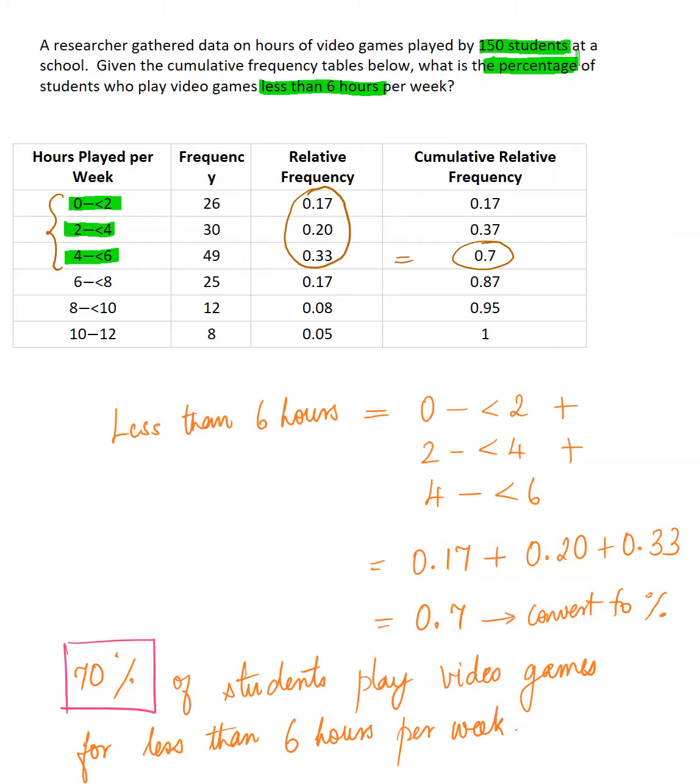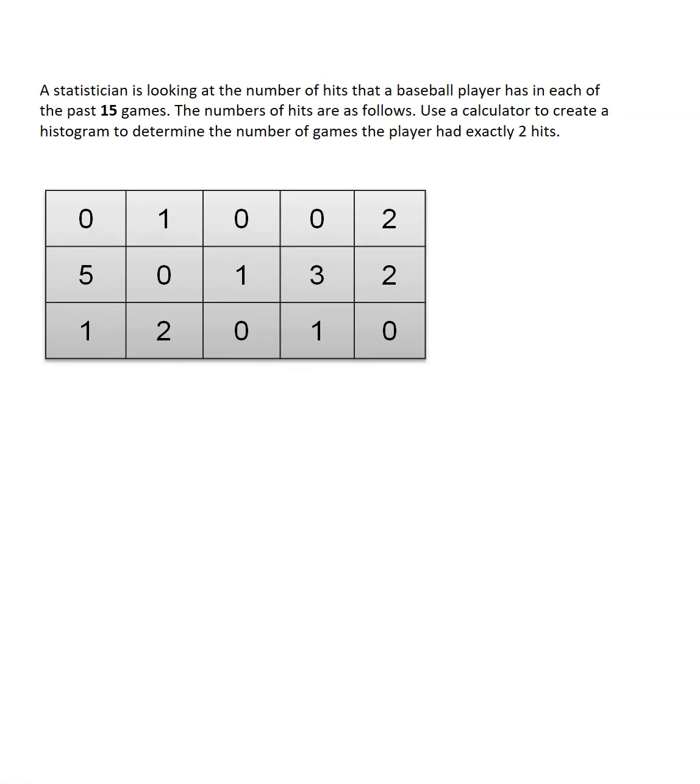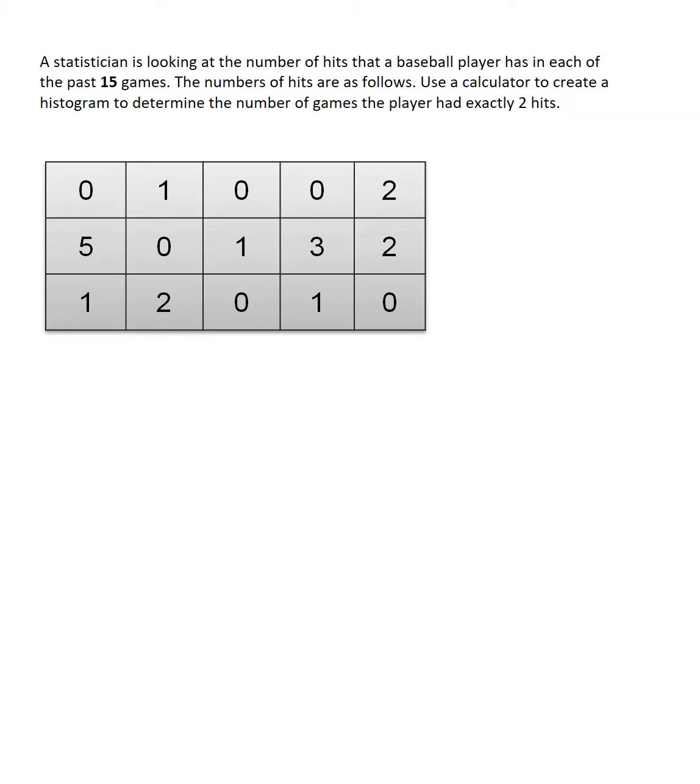All right. So now let's look at the next problem, where we're going to use the calculator to build our histogram. A statistician is looking at the number of hits that a baseball player has in each of the past 15 games. Okay, these are the 15 games and the number of hits.